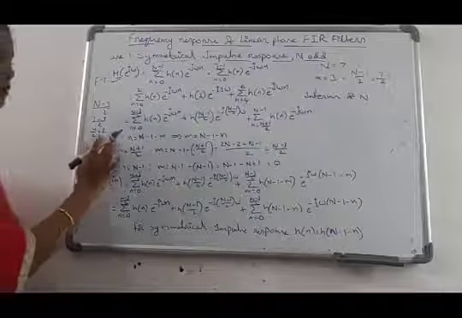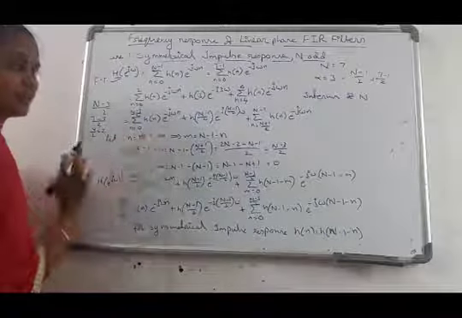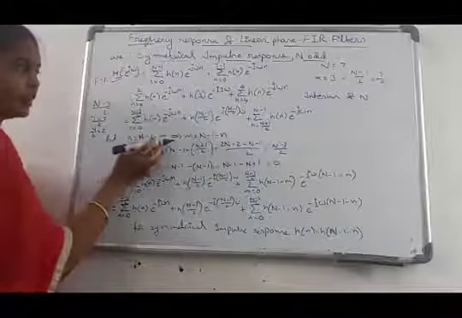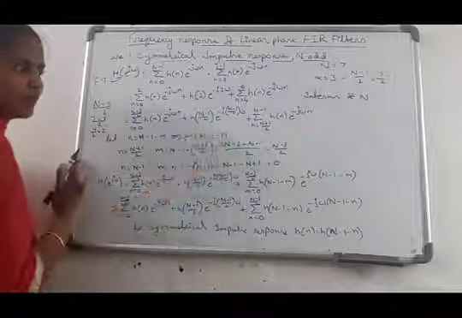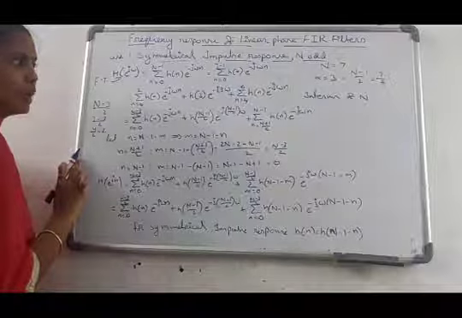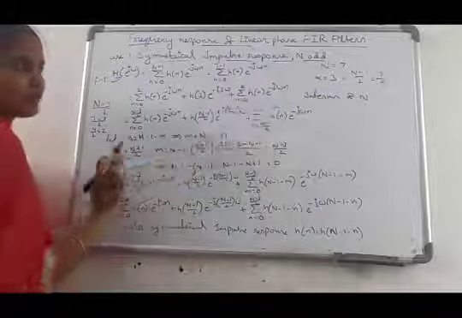Let me consider small n equal to N minus 1 minus m, so m is equal to N minus 1 minus n. See the limits N plus 1 by 2 to N minus 1.